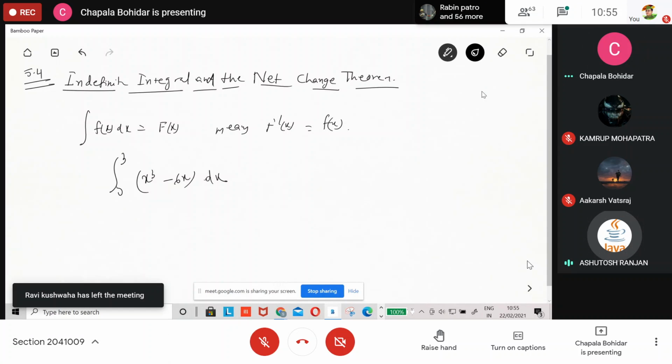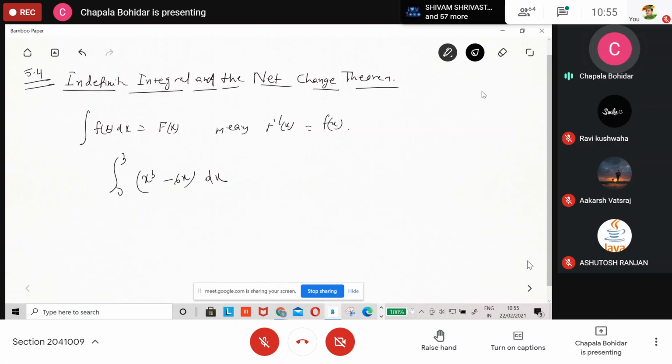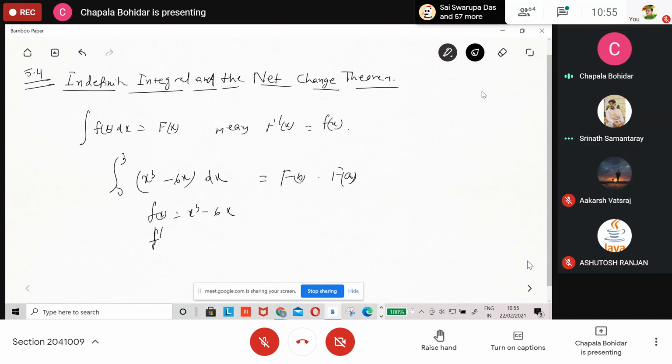Ma'am, how can we solve it by the fundamental theorem of calculus? Yes, you can solve it because it is a polynomial. f(x) is x cube minus 6x. It is a polynomial, it is continuous, it is also differentiable. So what do you write down? We can write it as F of b minus F of a. So capital F dash x is equal to x cube minus 6x.